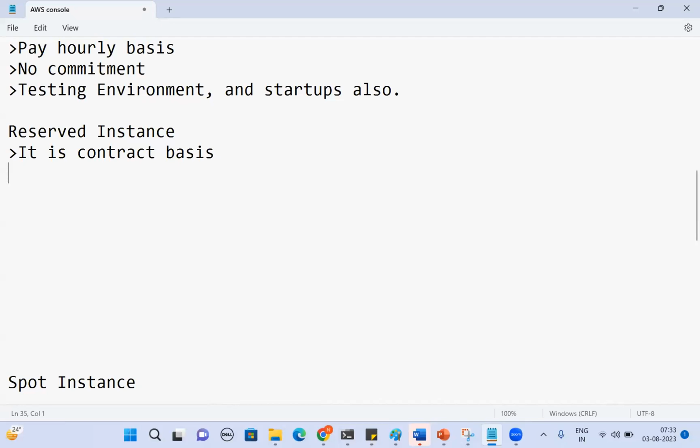Suppose you are having one project, and you have to test any application whether it's running fine or not for 1 year, and you want to analyze it. So for that purpose, you have to use the instances for 1 year for sure. We have that roadmap. So in that case, you cannot use on demand.